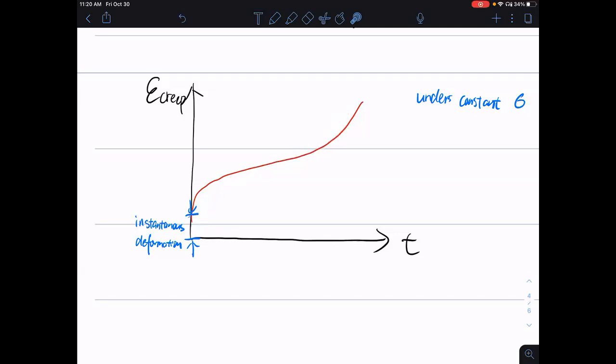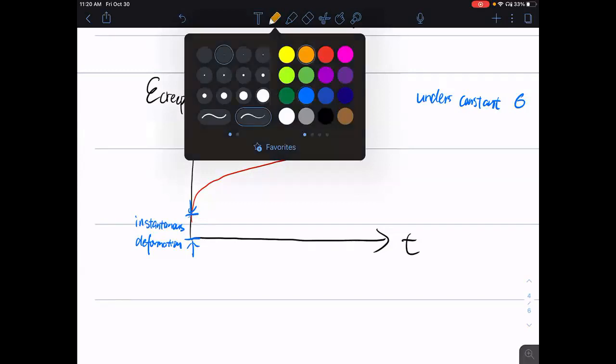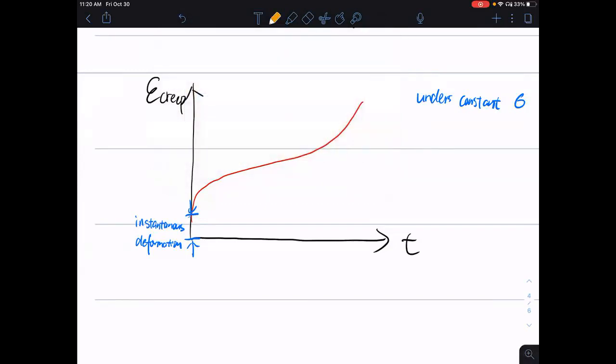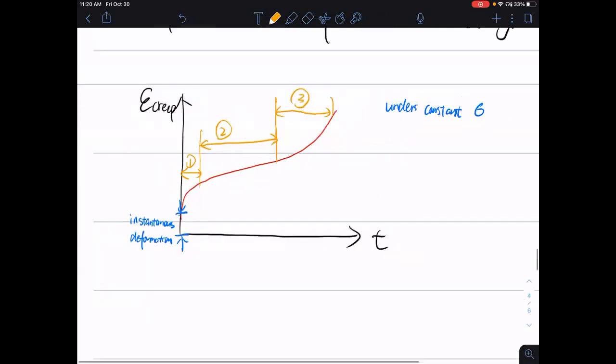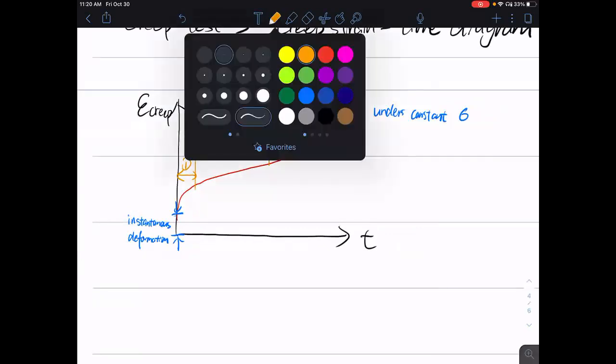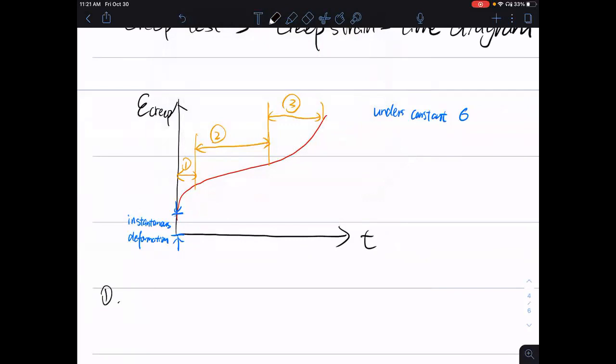So on this diagram, we have 3 different regions. Let's call this region 1. Region 2. Region 3. So at region 1, the name of that region is called primary region.